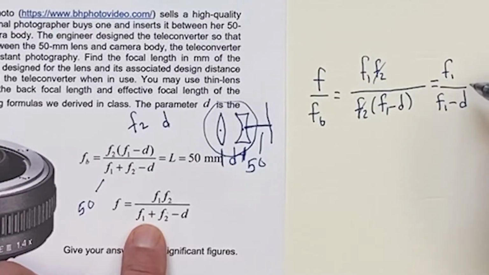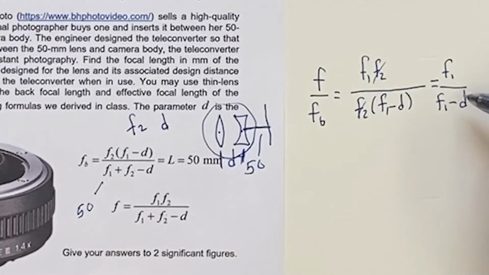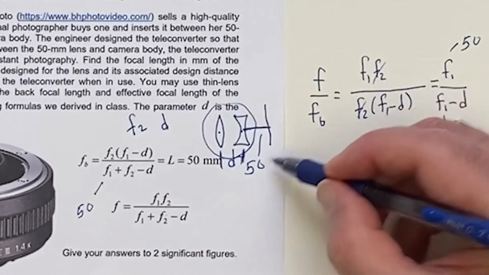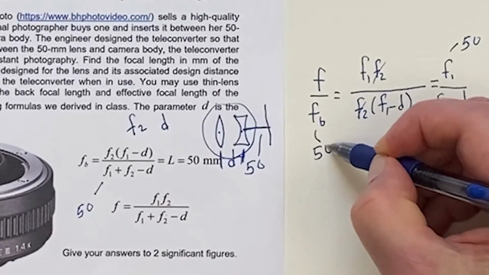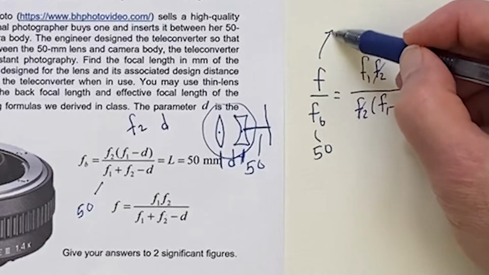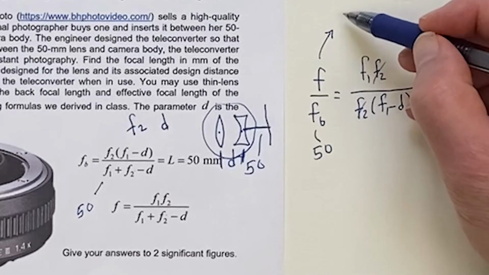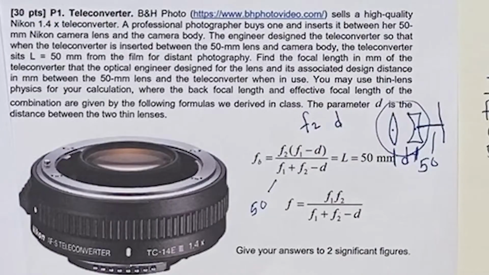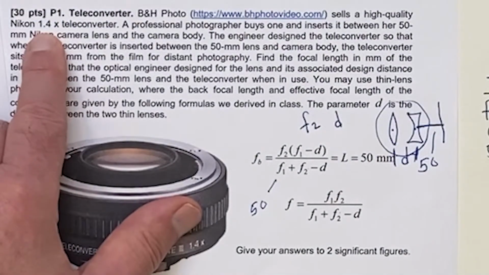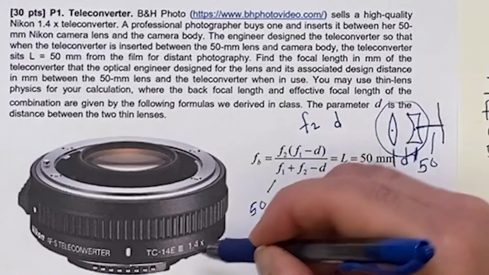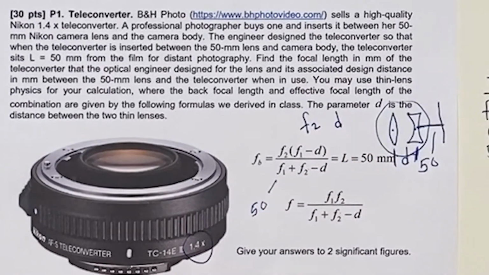And now if you want to plug in some values, we know that F1 is 50, so 50 goes in there. And we know that the back focal length is also 50. There's one thing in the problem that we didn't look at yet, and that is that this teleconverter is given as a 1.4 teleconverter, which you can even see written on the teleconverter.